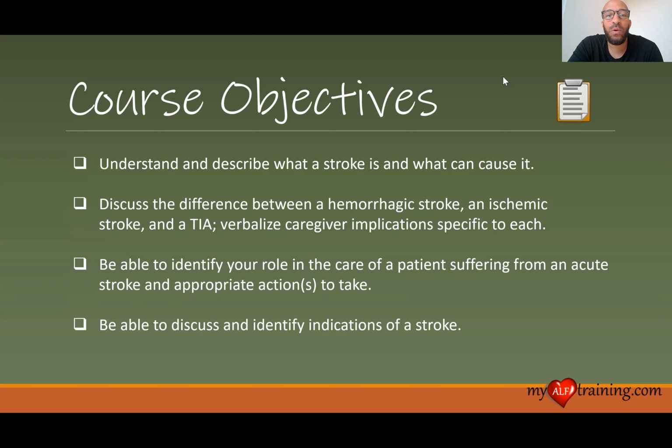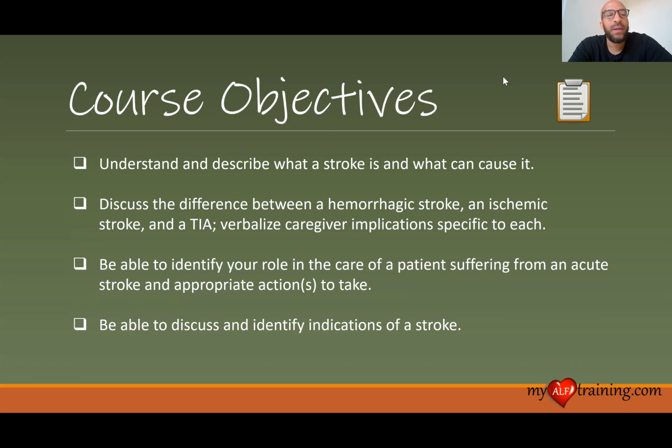Because we all play a role in our patients' care and their well-being, whether it's a smaller role or a larger role, and it takes each of us to step up and fulfill that role and to know what that role is in order to make sure that that patient has the best outcome that they can have.